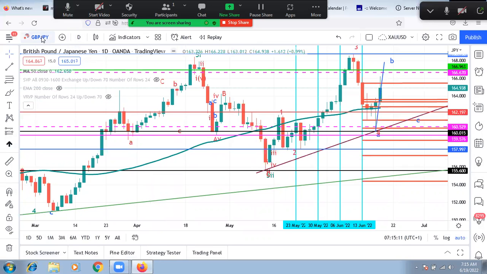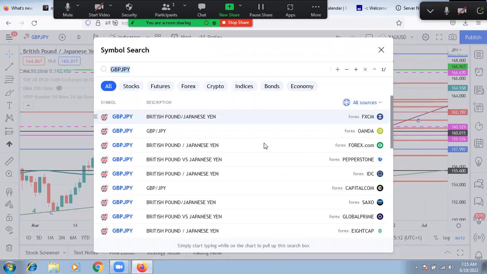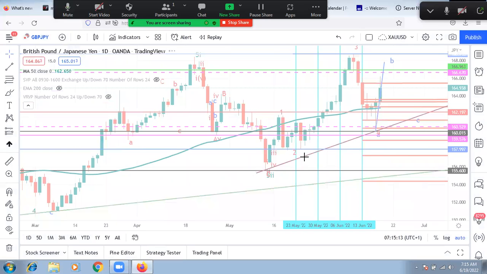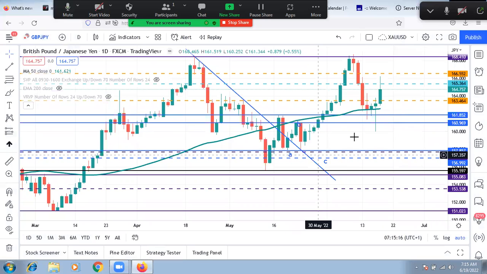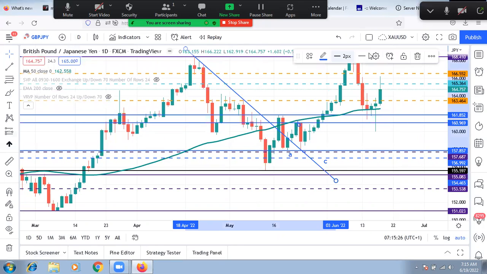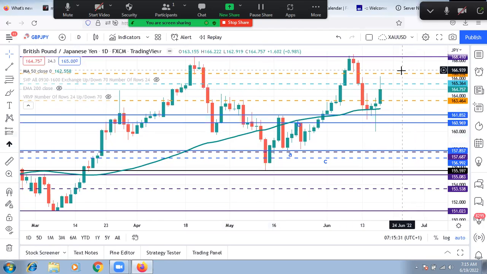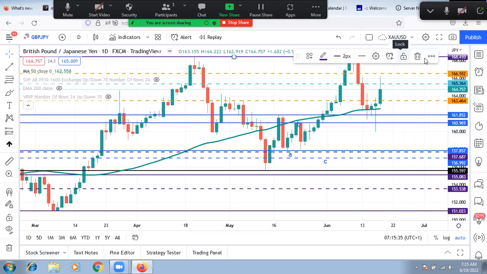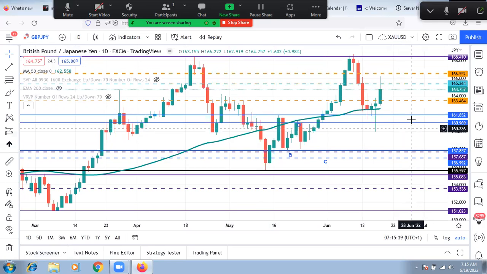This is the correction I've broken out from. It has just gone a bit above it. Let's see.